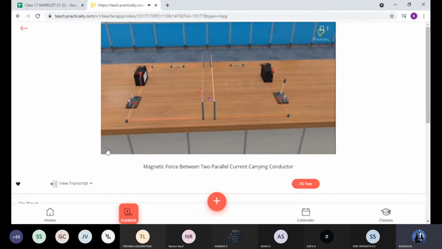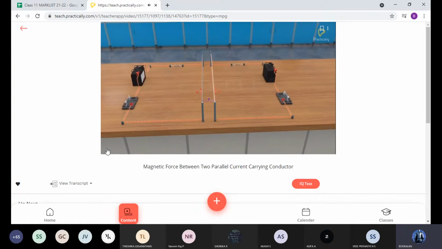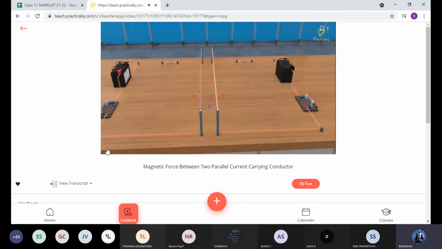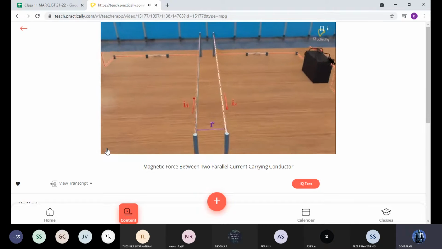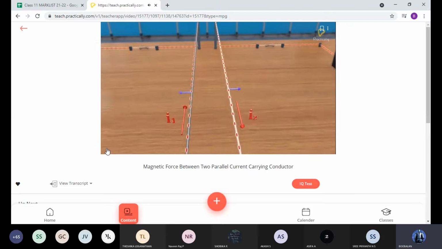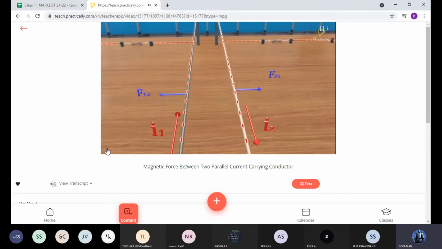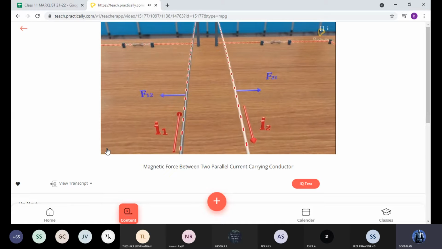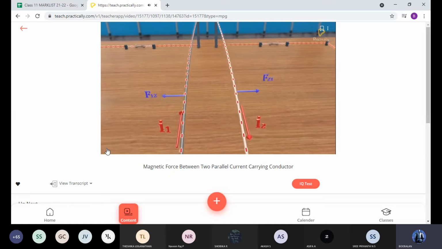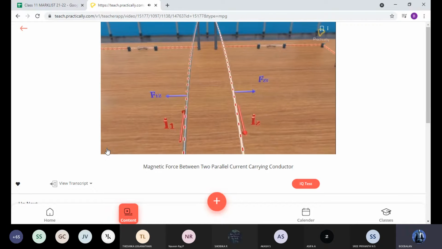Suppose current in one of the conductors is reversed. Magnitude of magnetic force per unit length for each conductor remains the same. But direction of forces become opposite to the direction of forces in earlier case. Thus, conductors repel each other if the direction of currents is in the opposite directions.